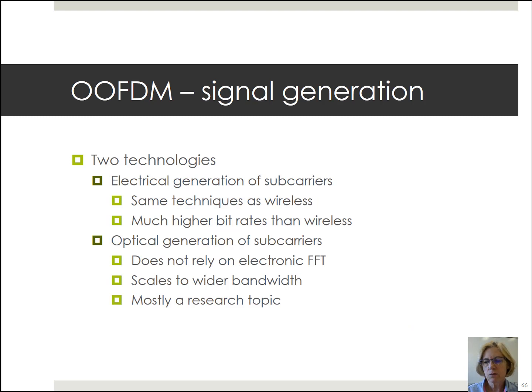So I've examined one of the possibilities for how we might achieve programmable and flexible allocations in the frequency domain. But there's another option on how we could achieve that goal, which is also very popular. And this is using optical orthogonal frequency division multiplexing. And I'm going to talk to you about how we generate these signals in optics.